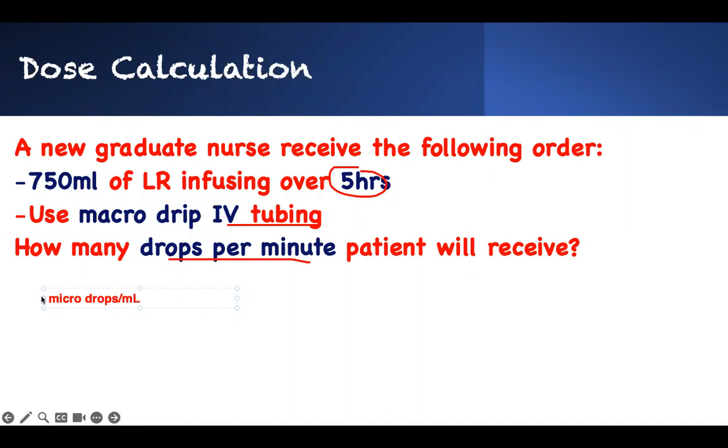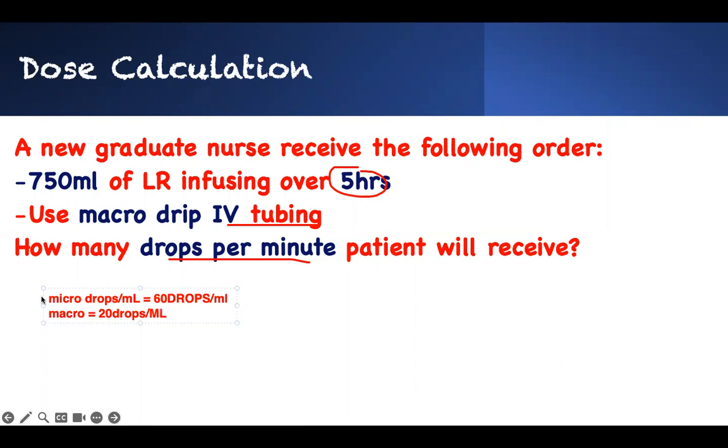When you say micro, it's usually 60 drops per ml. If they give you macro, it's usually 20 drops per ml.